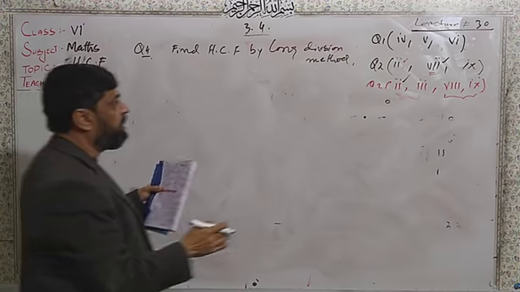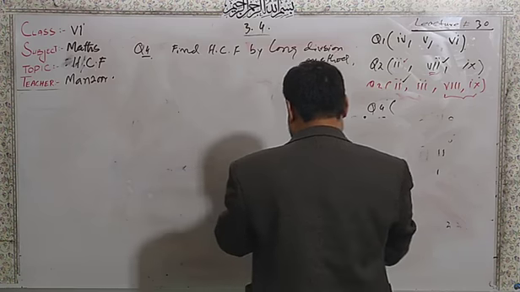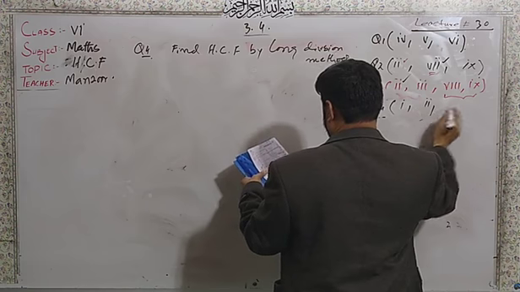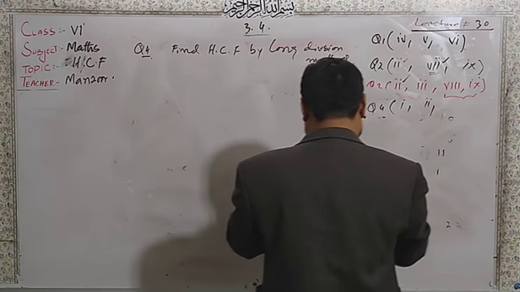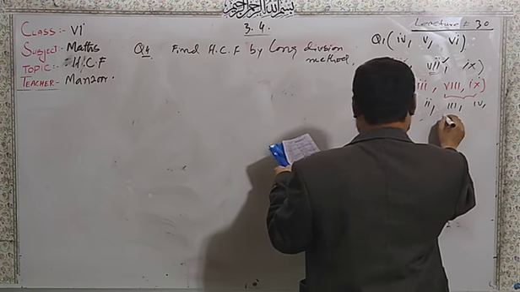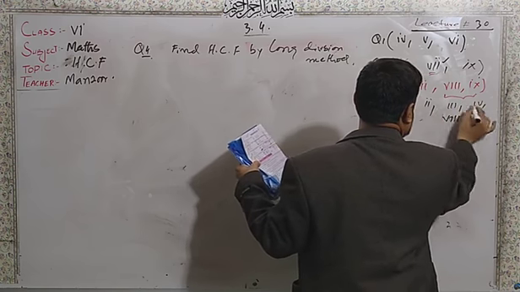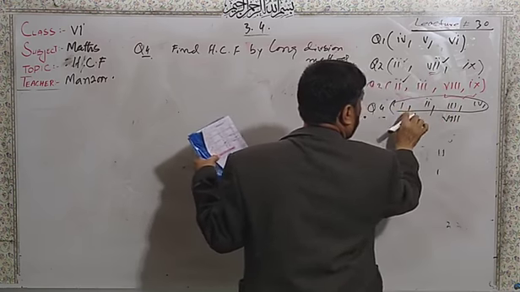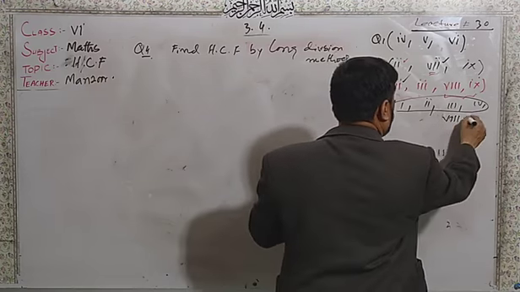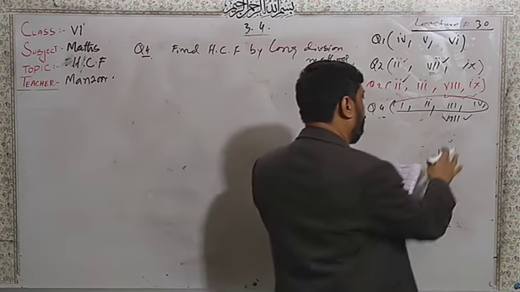Dear students, in question number 4, we are concerned with part number 1, part number 2, part number 3, part number 4, and part number 7. These parts from here to here consist of 2 values, but part number 7 consists of 3 values.